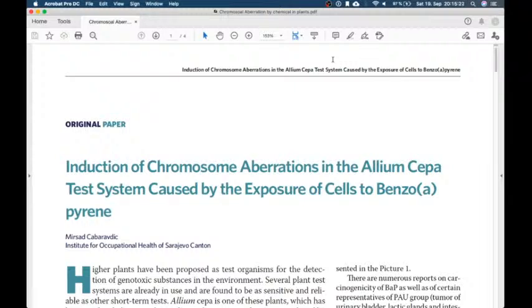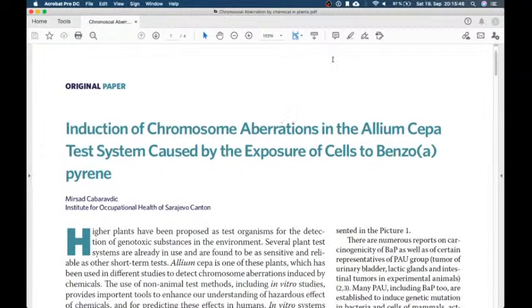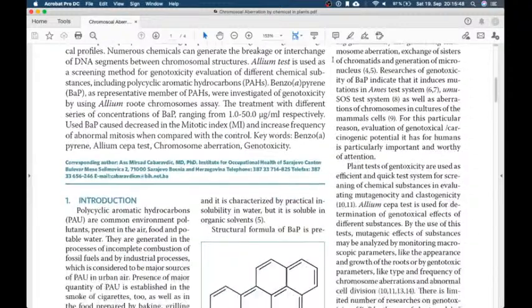Today I'm taking that part in the kind of experiments from this paper by Mirsad Kabravichik. They did induction of chromosomal aberrations in Allium cepa, that is onion, by exposure of cells to benzopyrene. They used this chemical benzopyrene, and they tried to change its mitosis and meiosis phases.